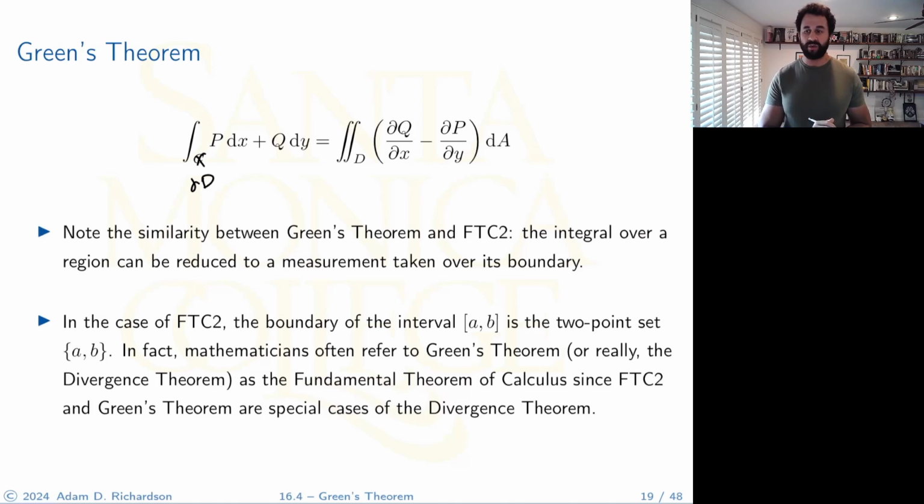So Green's theorem is quite literally giving you a connection between integrating over a region and integrating over its boundary. And it's saying that if you wanted to measure this thing, then you could equivalently measure over the boundary and you'll get an equal result as long as things are set up nicely. So if you think back to the fundamental theorem of calculus part 2 from Calc 1, right? You go all the way back to Calc 1.